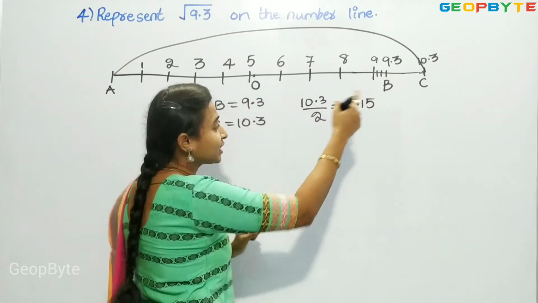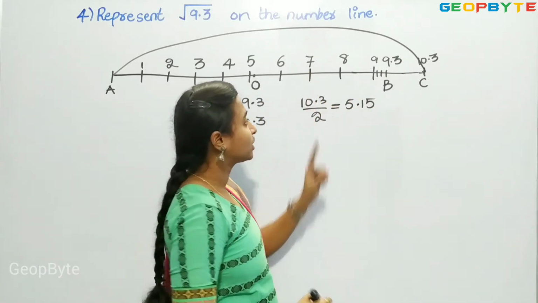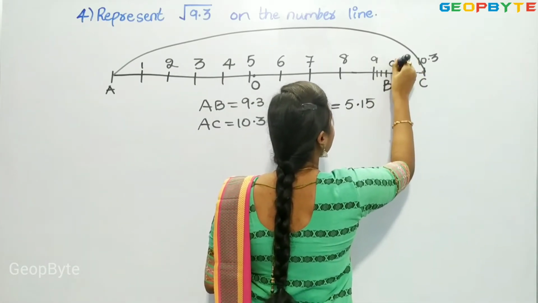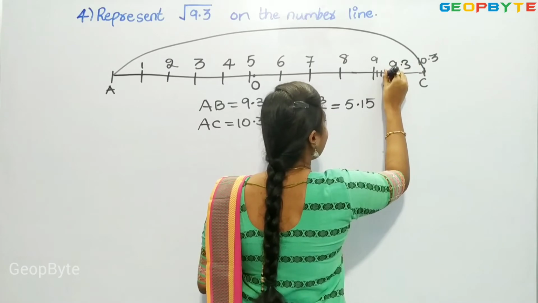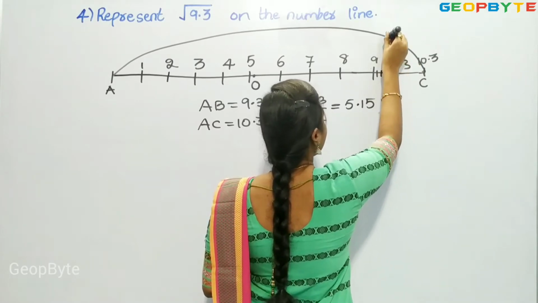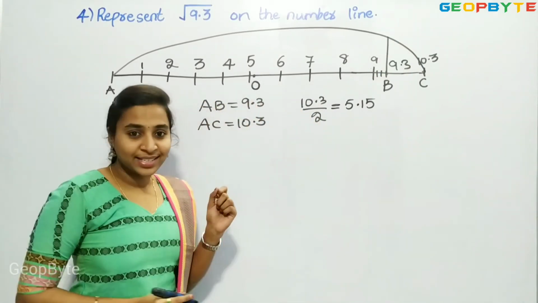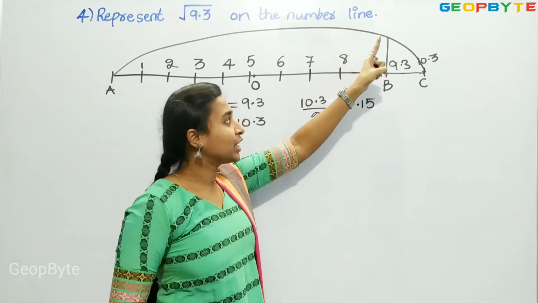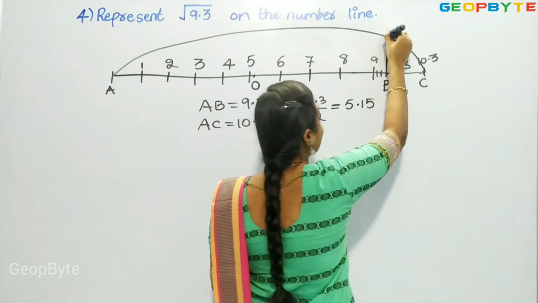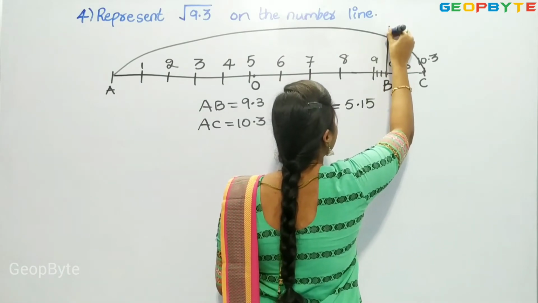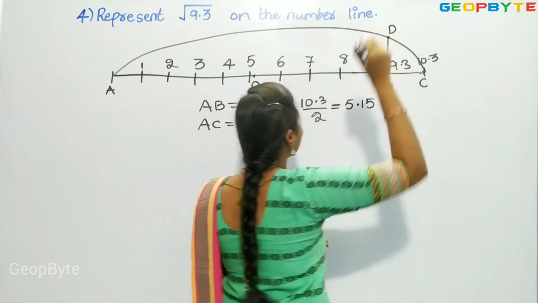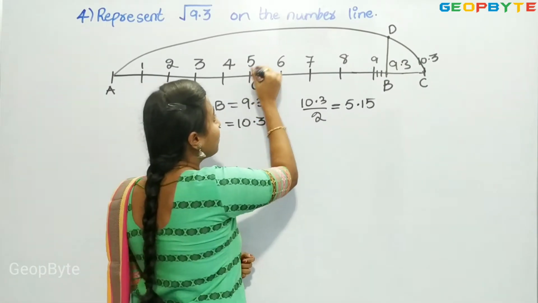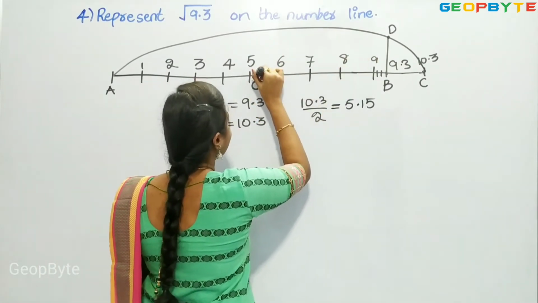From the point B, you extend a line perpendicular to AC. Let me take the point where it meets the semicircle as D. Now join a line from O to D.